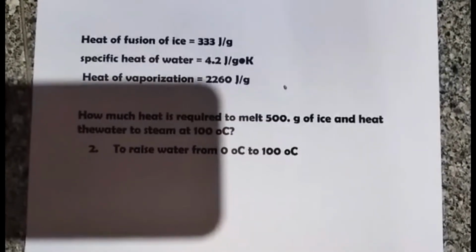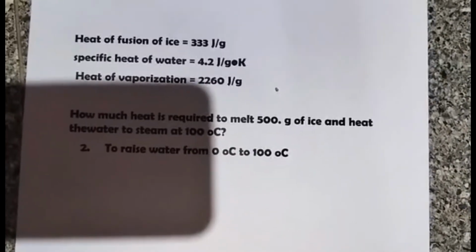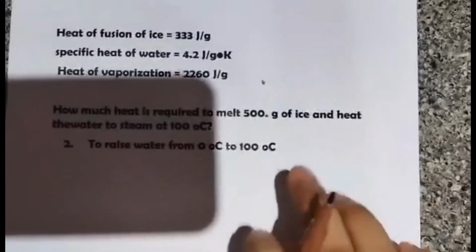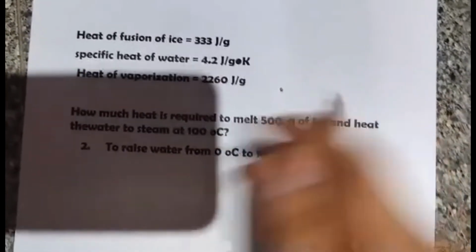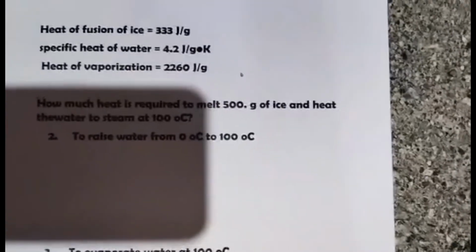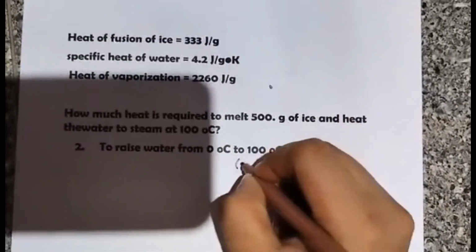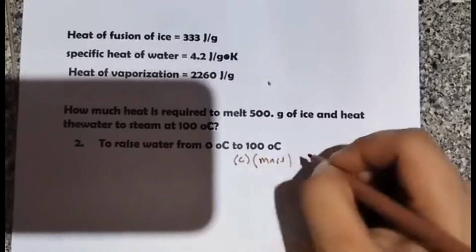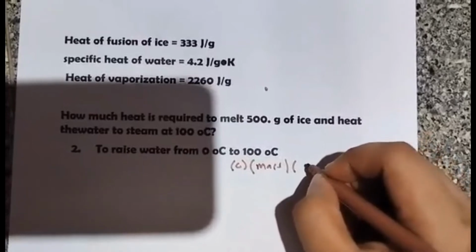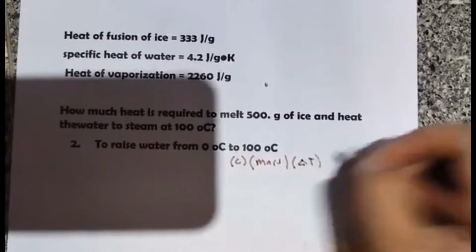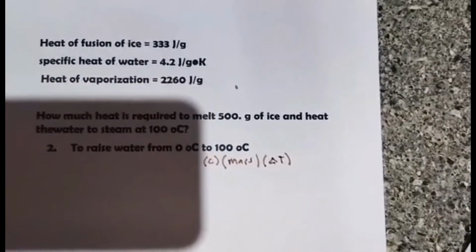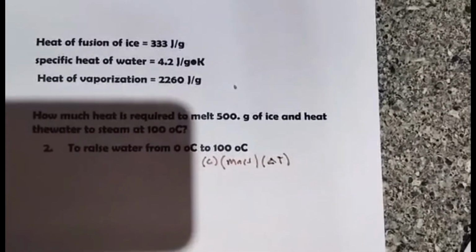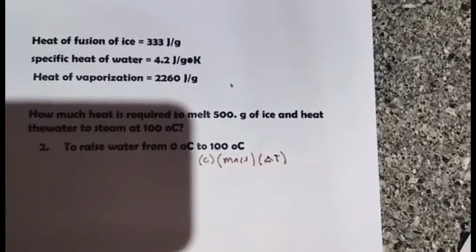Number 2. To raise water from 0 degrees Celsius to 100 degrees Celsius, for the formula here, we're going to use the specific heat of water. So specific heat of water multiplied by mass multiplied by change in temperature. Now we'll use the specific heat of water to answer this, multiplying the amount of ice required and the specific heat of water.